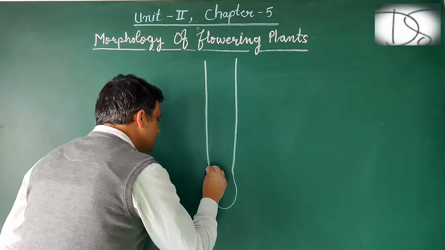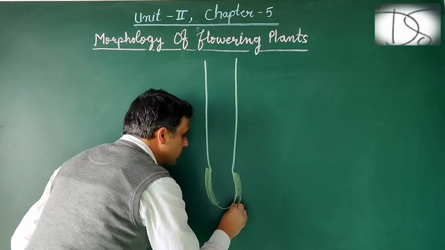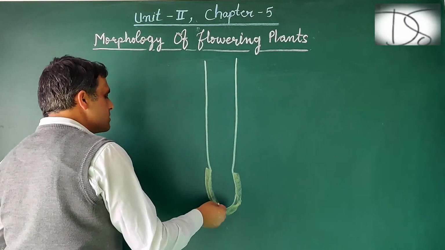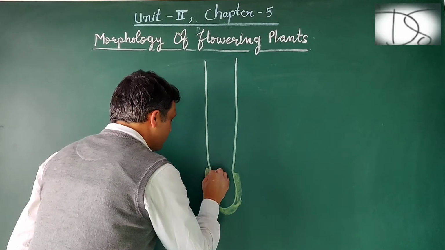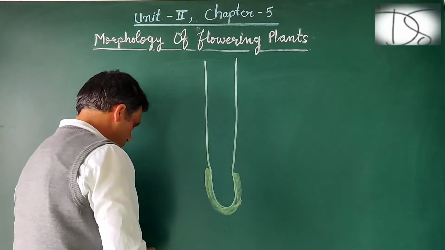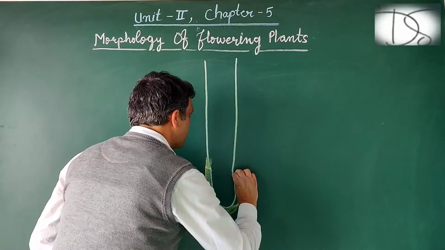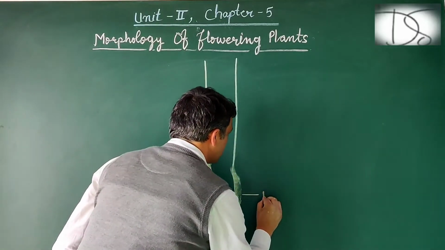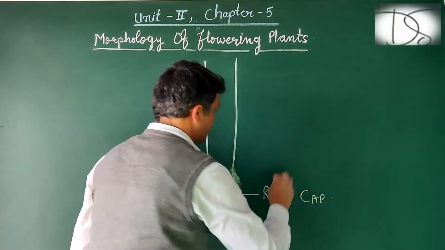These zones are the regions where different types of activities are carried out by some specialized cells of the roots. So first of all, we have this lowermost zone, which is known as the root cap zone, or simply the root cap.